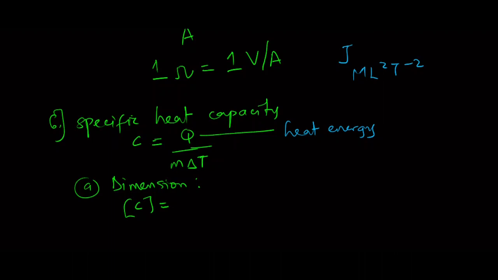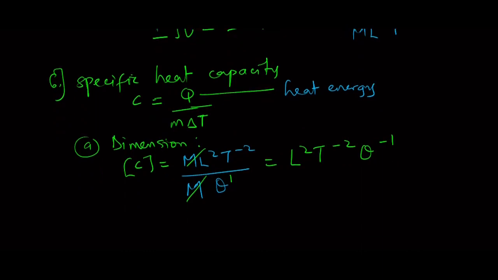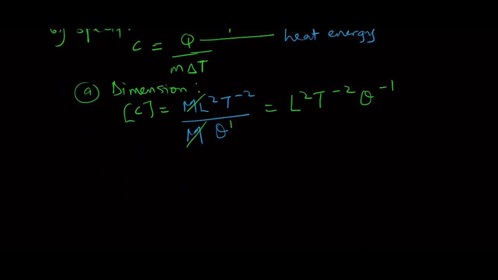We said heat energy is ML squared T minus 2, while mass is M, and we know that the dimension of temperature is theta. So as you can see here, the M cancels M, so we are left with L squared T minus 2, then theta, the power here is 1, so it becomes theta raised power minus 1. So the dimension of specific heat capacity is L squared T minus 2 theta raised power minus 1.